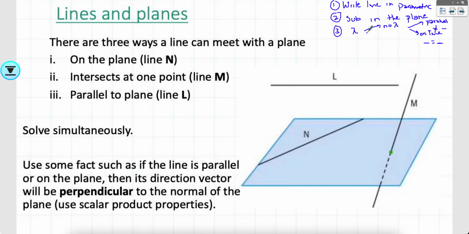On the other hand, if you get lambda equals a number, then it means you intersect at a point. And if you intersect at a point, then you can go to step 4 and substitute lambda in step 1 to get the point of intersection.